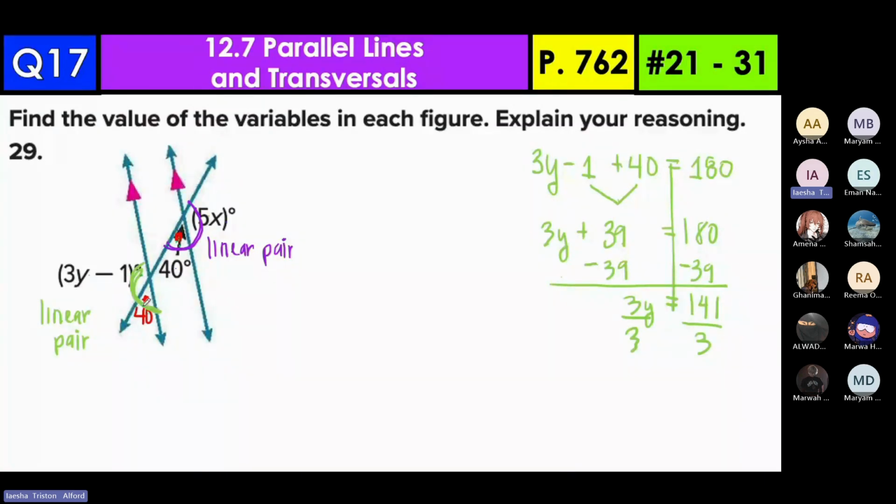This side and this side make a linear pair. So 3y subtract 1 plus 40 equals 180. Okay, solve. What is the point here? Sometimes you can get it in a different way. No problem if you get it in a different way, as long as you're using the correct vocab and writing the correct equation.